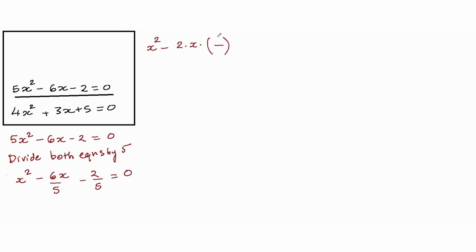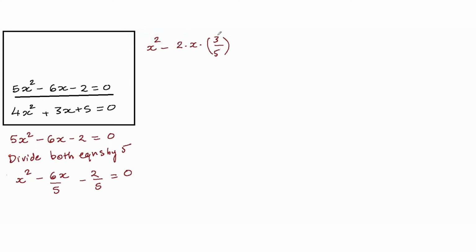So it would become 6 upon 10, isn't it? And 6 upon 10 can be simplified by 2 and it can be written as 3 upon 5. That is why if your numerator is an even number, then you can just divide the numerator by 2. But if your numerator is odd, you multiply the denominator by 2, right? And that is how you get the middle term.